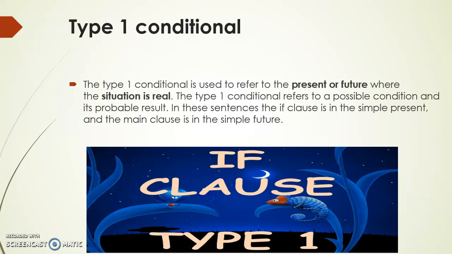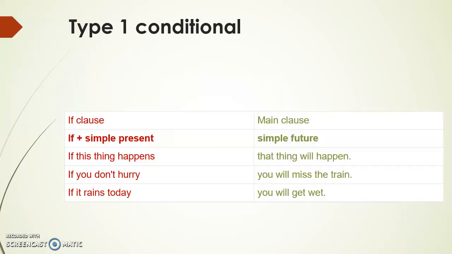In the next type, type 1 conditional, the type 1 conditional is used to refer to present or future, where the situation is real. The type 1 conditional refers to a possible condition and its probable result. In these sentences, the if clause is in the simple present and the main clause is in the simple future.